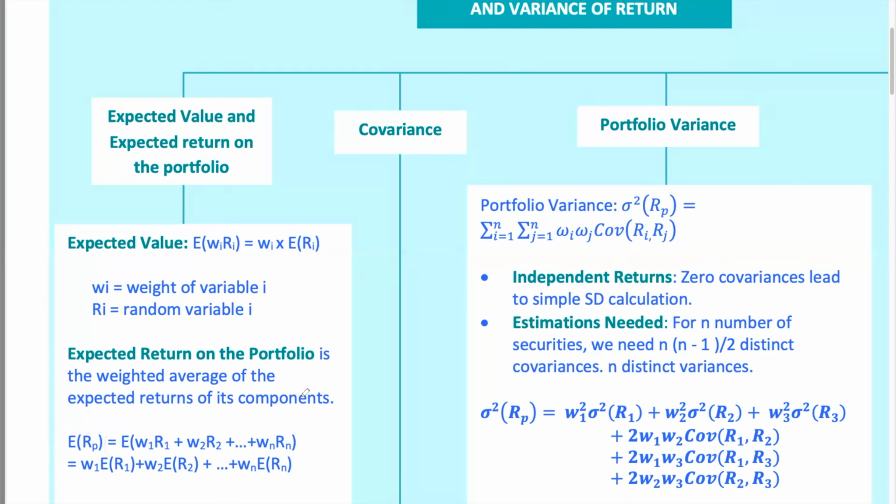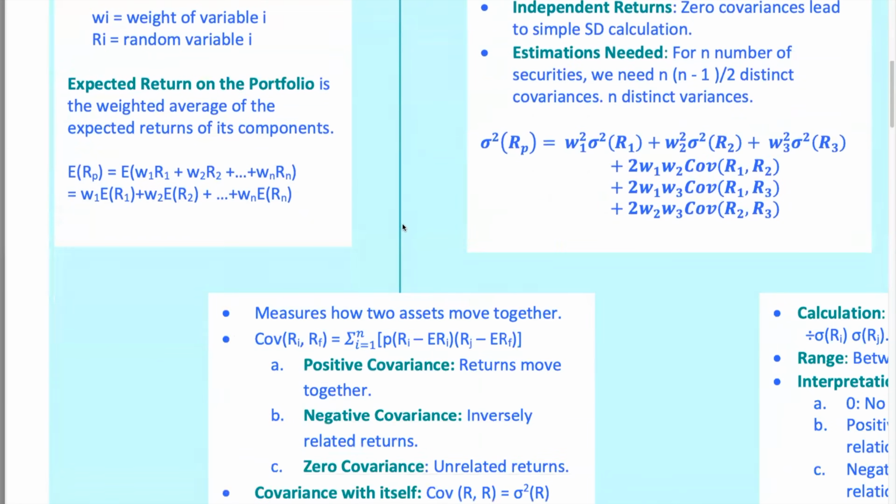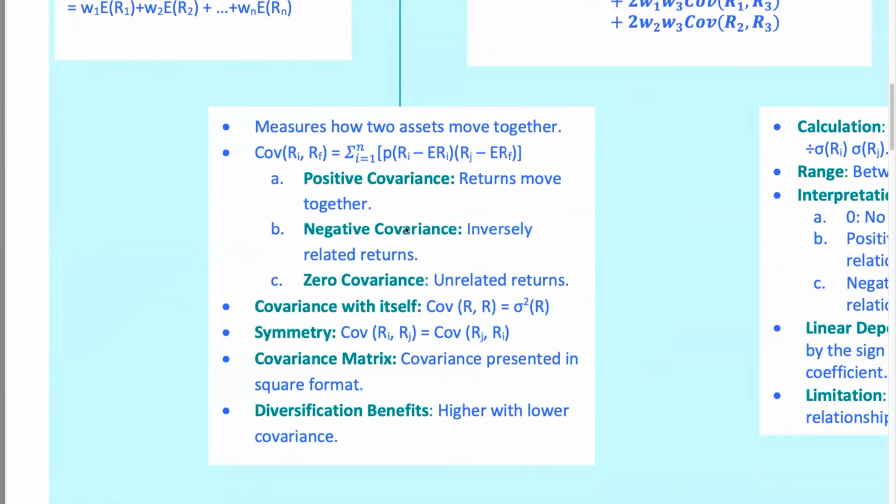We not only care about individual returns, but also how they move together. This is where covariance comes in. It measures how the returns of two investments tend to fluctuate in relation to each other. Think of it as figuring out if two friends tend to hang out a lot or rarely see each other.